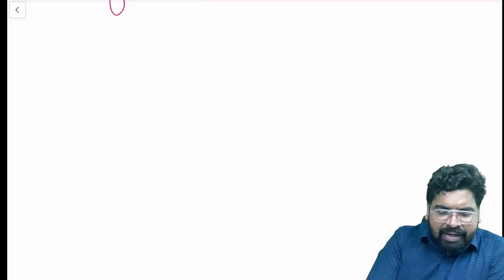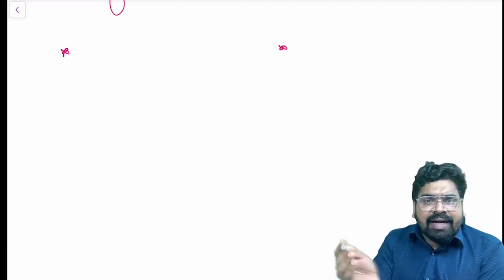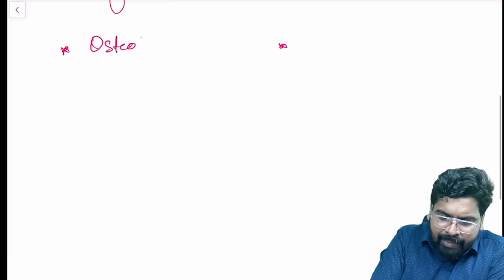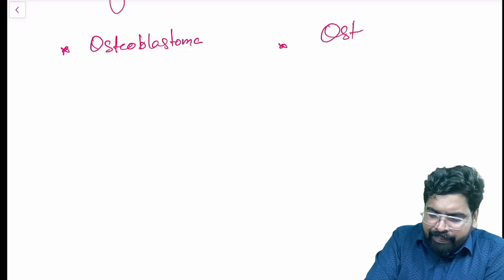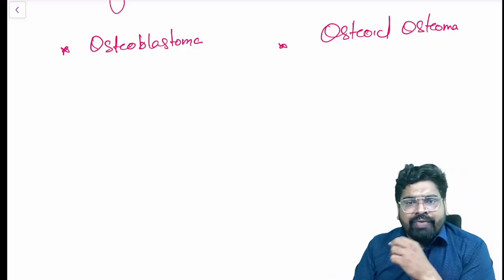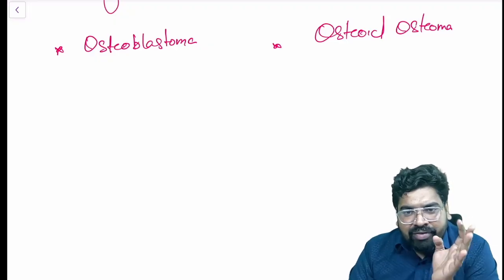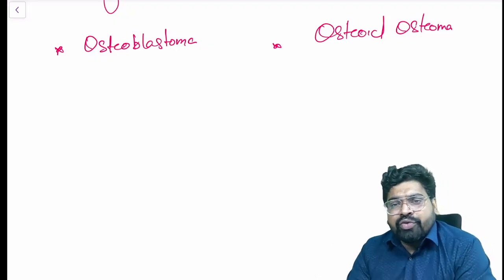There are two other benign tumors, and we have to compare and study them. One is called osteoblastoma and the other is osteoid osteoma. One benign lesion was osteoma. The other two benign lesions are osteoblastoma and osteoid osteoma.